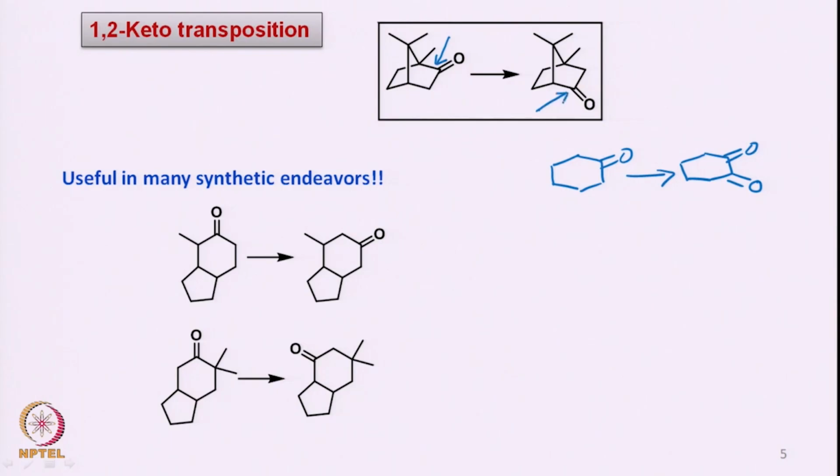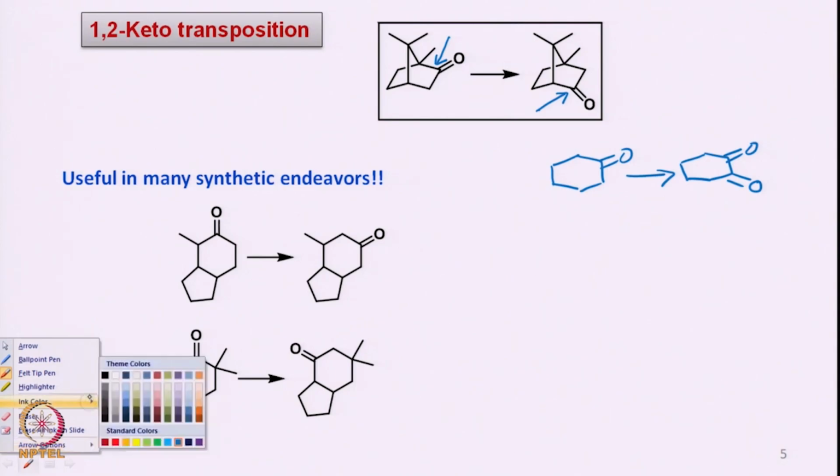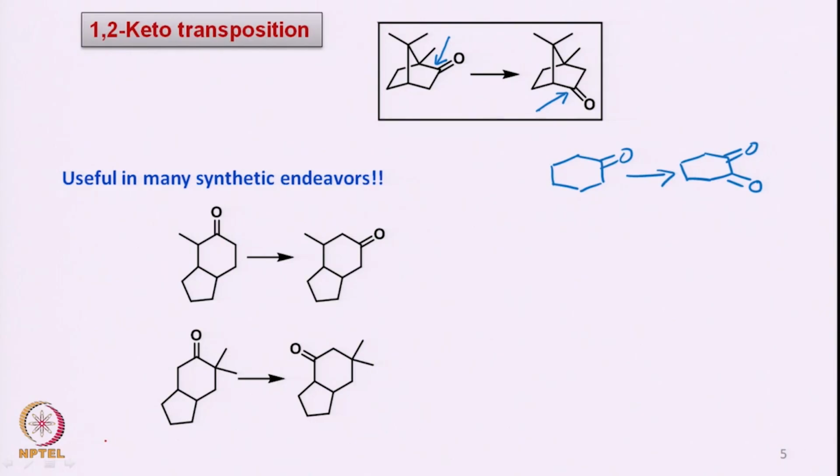Now this is very important mainly because many of the transformations that are required involve conversion of one keto position to the next keto position.